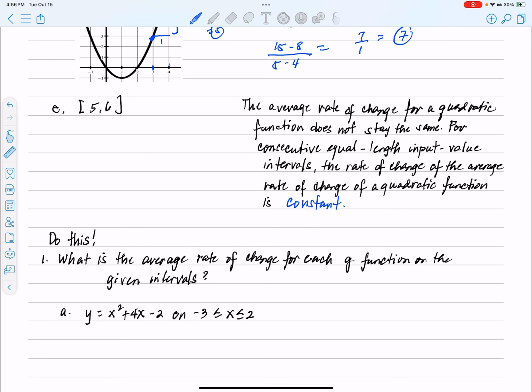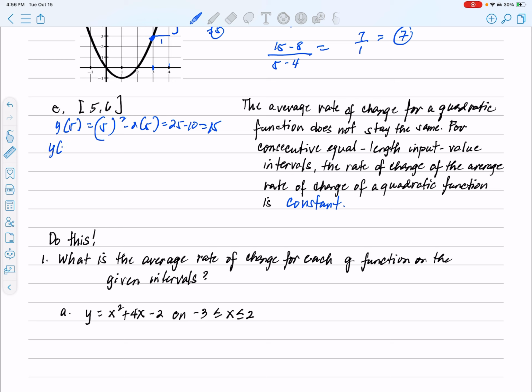Okay? So that means we'll get how much is the value when it's 5. That's 5 squared minus 2 times 5. That is 25 minus 10. You have 15.